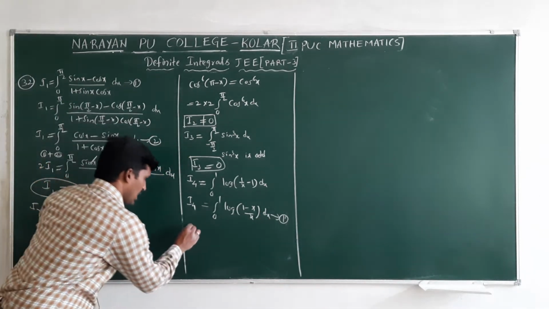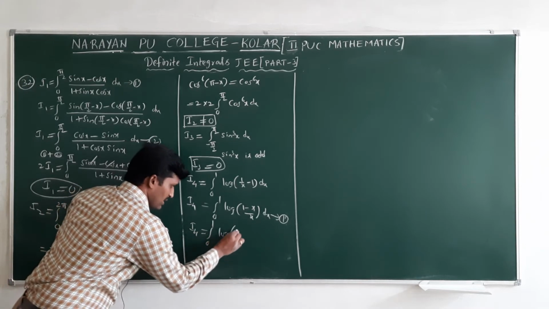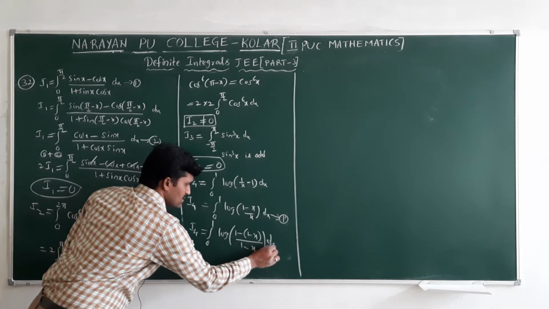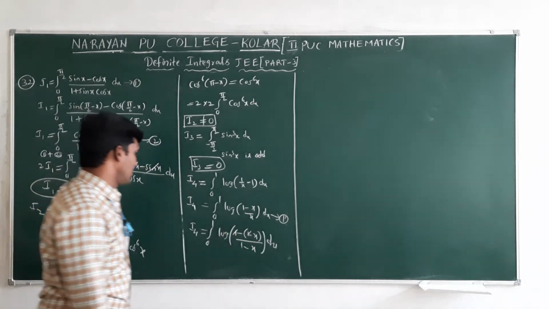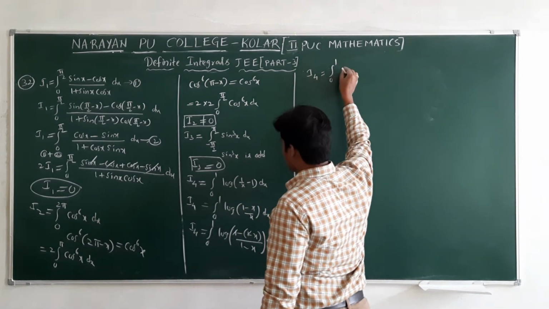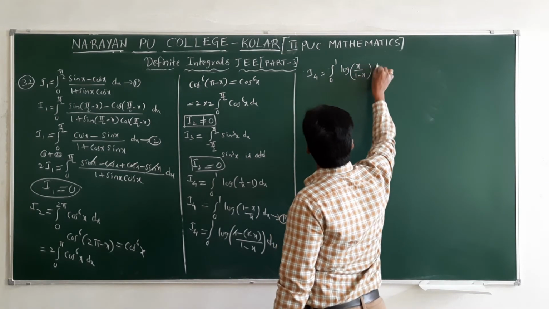According to this, I'll apply the property integral from 0 to a of f(x) dx equals f(a − x): log of (1 − (1 − x))/(1 − x) dx. Here the 1 cancels, and the numerator becomes the integral from 0 to 1 of log x/(1 − x) dx.